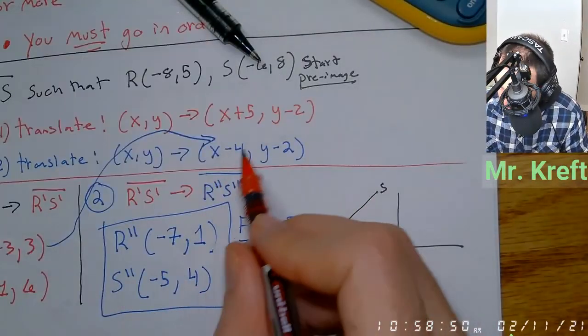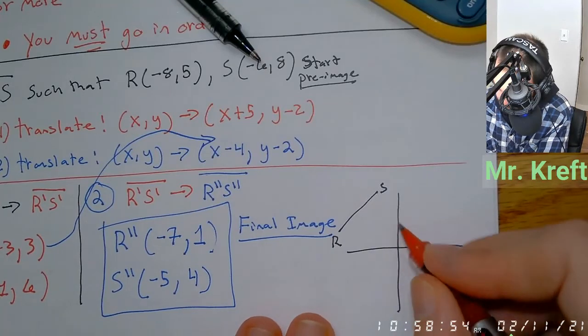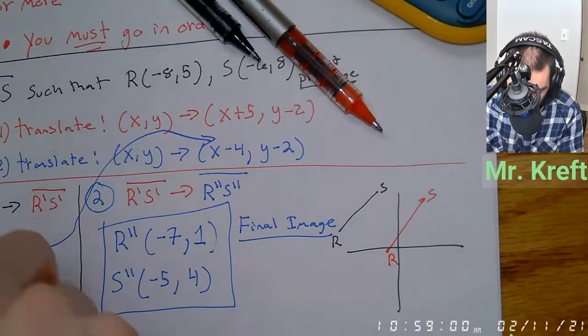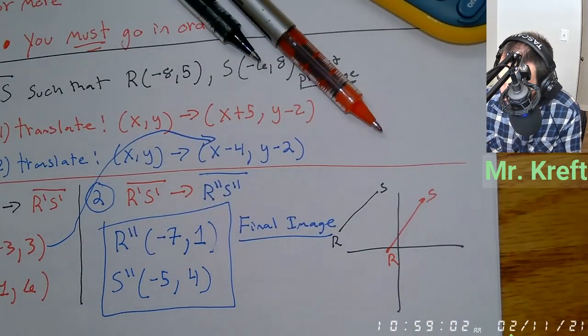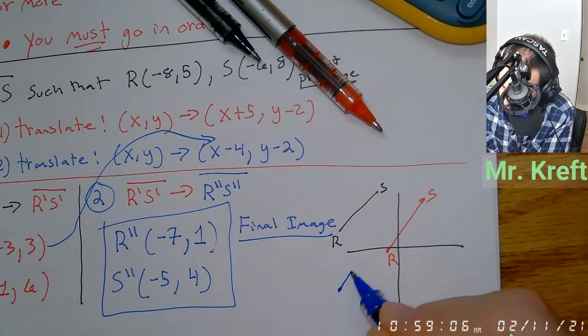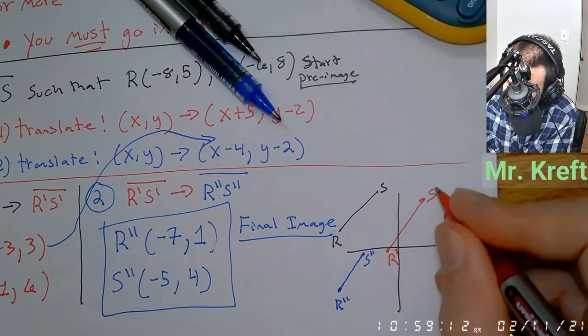And then we shifted it right 5, down 2. And then we shifted it left 4, down 2. Sorry, I forgot to put the primes.